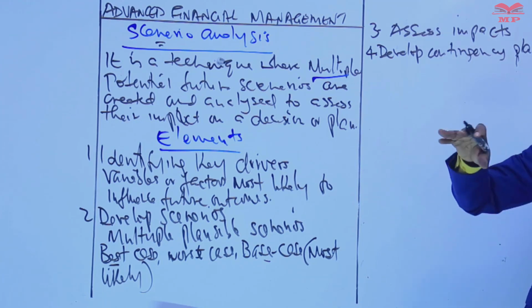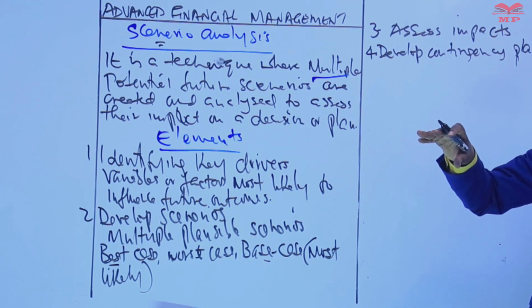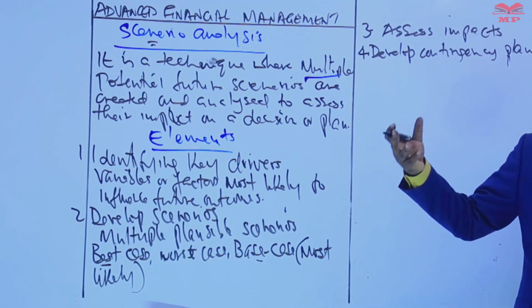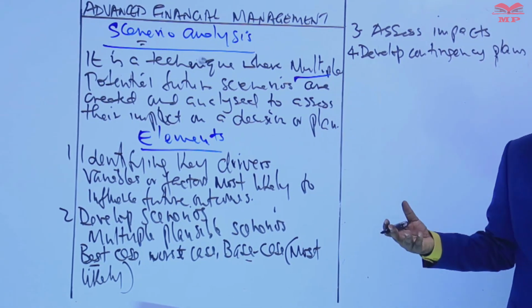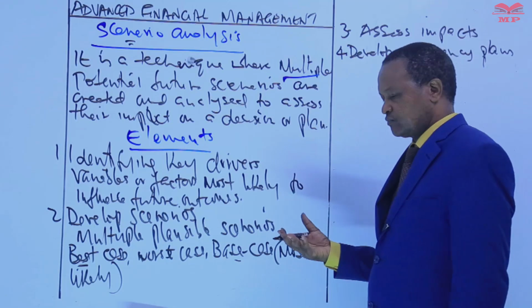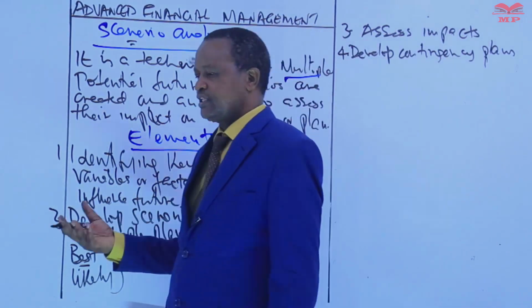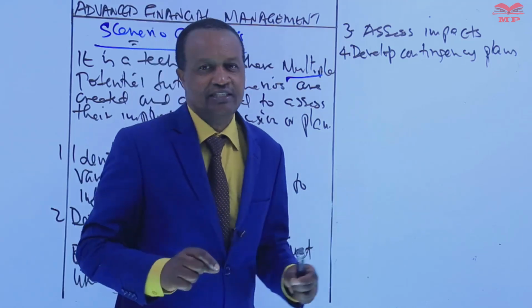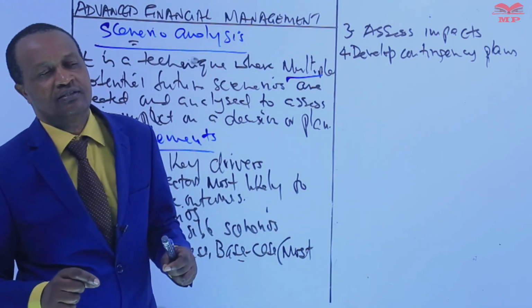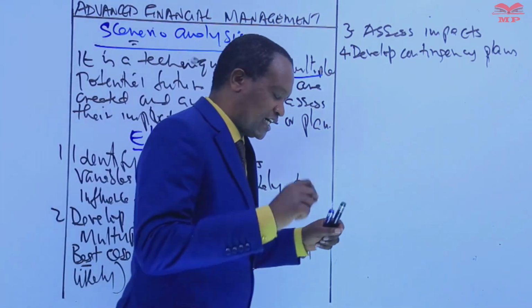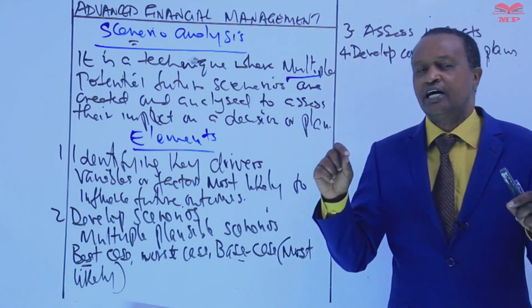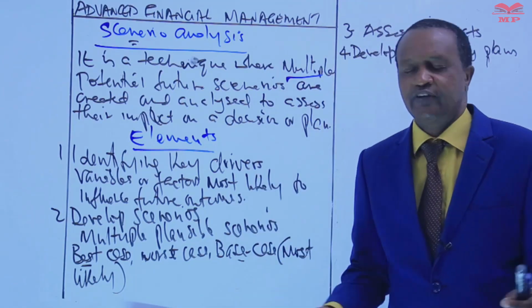So based on the scenario analysis, contingency plans are then developed to address the potential risks and opportunities identified. Don't forget, candidates, we are studying capital budgeting techniques under uncertainty. Capital budgeting under what? Uncertainty. Under risky environments.